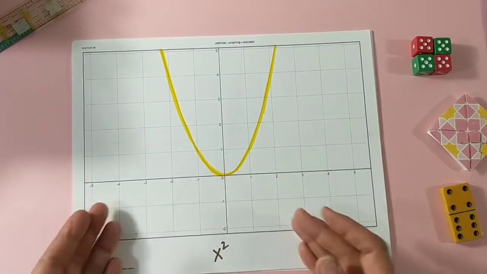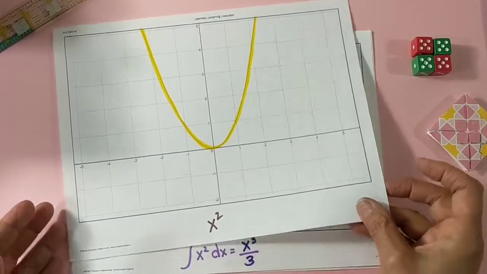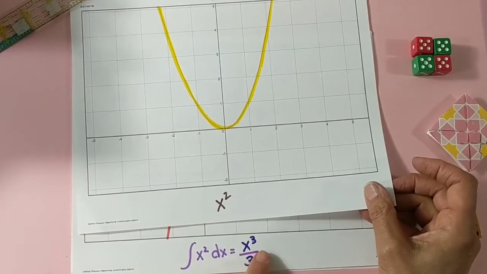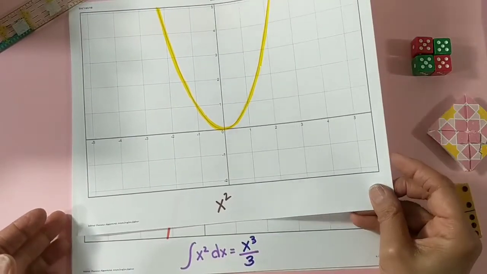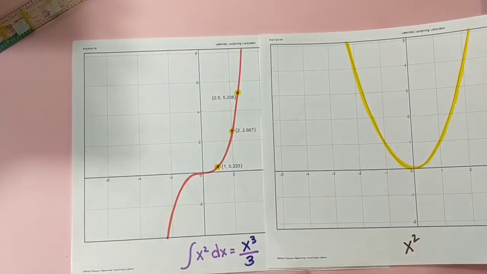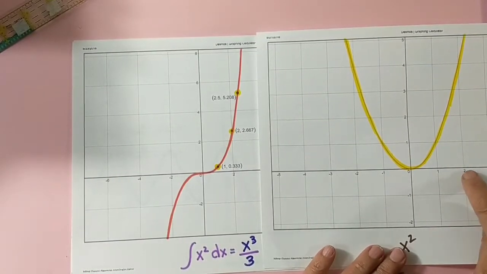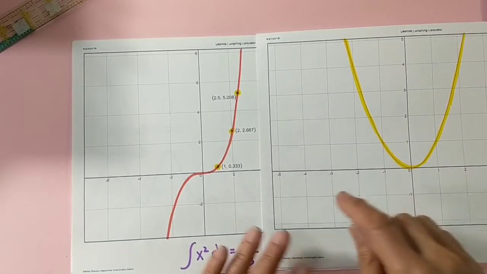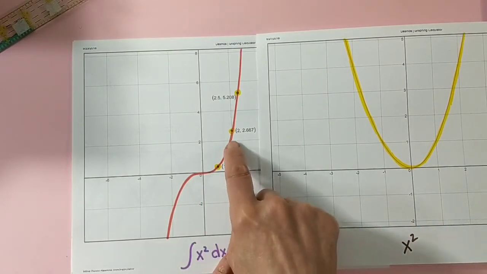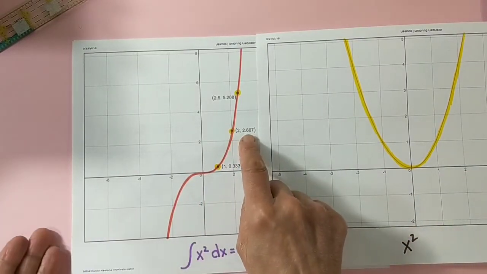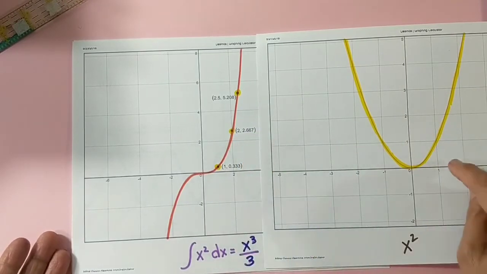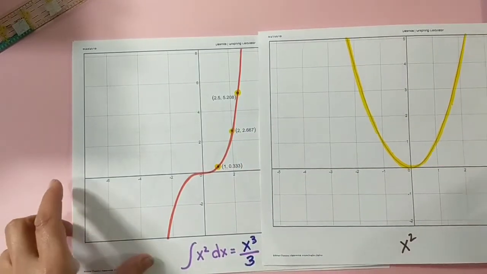Like, we know that the area formula for x squared is x to the third over 3. And again, it's just very cool. At 2 hours or 2 whatever, you can look on this function and see that you've accumulated 2.667 squares underneath the curve.